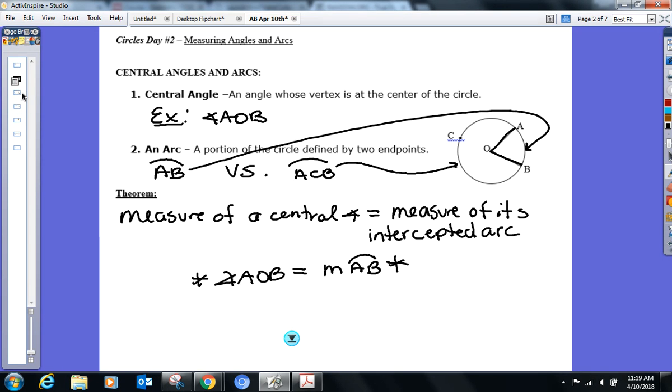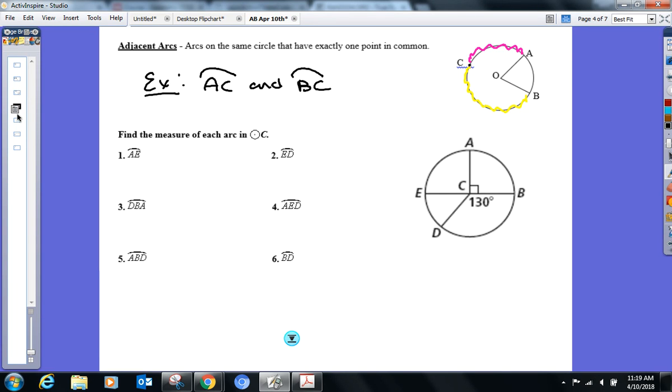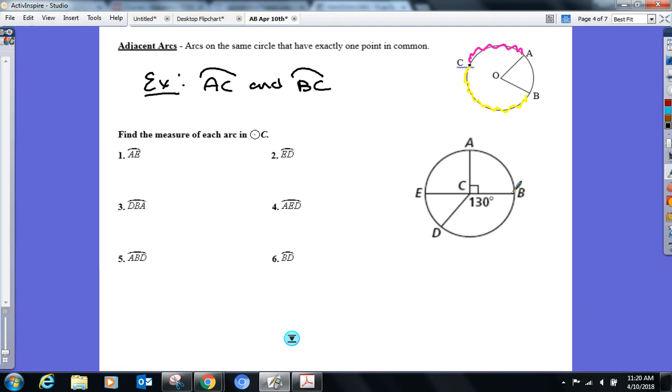So if we go back to this example, AE is going to be the exact same measure as angle ACE. Does everyone see how I'm using this fact now? That any arc is always equal to the measure of its central angle. I just want to show you where I'm going to get my degree measure from now.